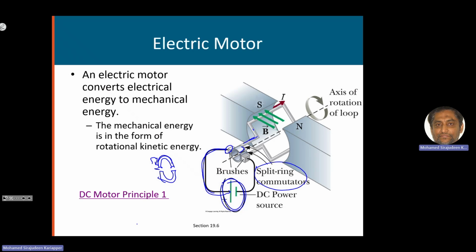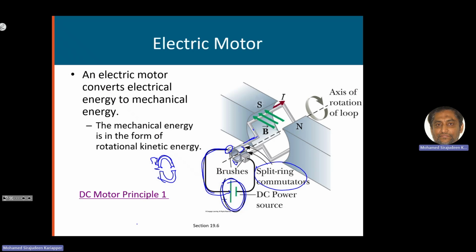Vertical position, theta equal to 0, that means perpendicular to the ring and the magnetic field in the same direction. No torque, so even if there is current, there is no use. Then as it turns to the other side, this brush will be touching the other ring, and therefore the current direction will reverse.